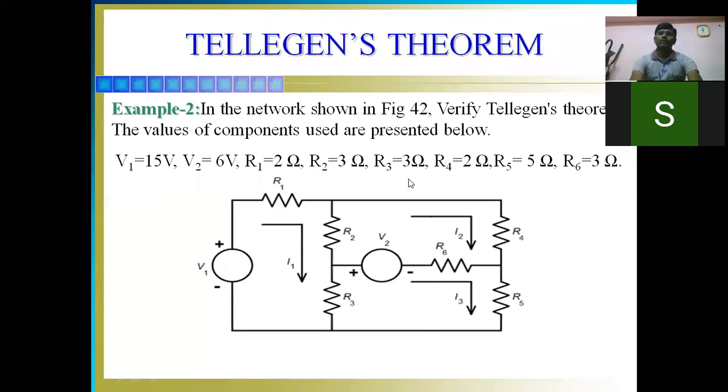Actually, I gave you one derivation in the assignment: the derivation for the maximum power transfer theorem, where the source impedance is Rs plus jXs, but the load impedance is purely resistive.